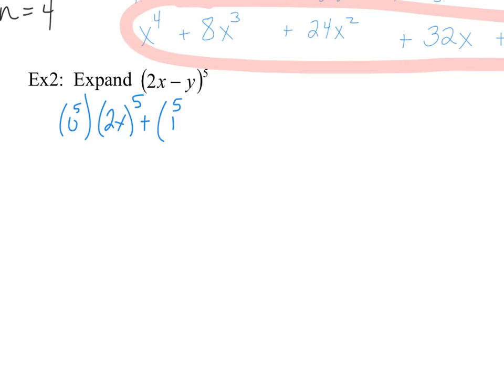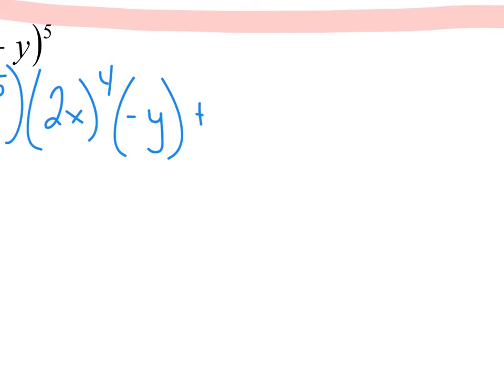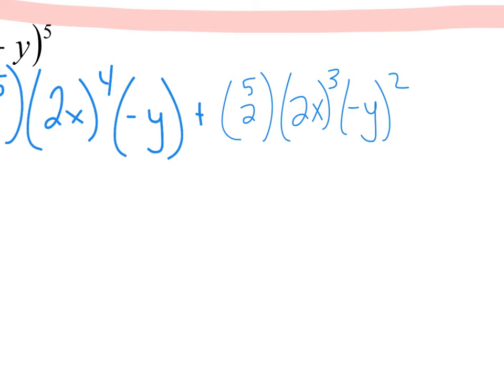I have 5 above 1, 2x to the 4th, negative y, plus, I'm going to zoom in so I don't run out of space quite so quickly. We should have 5 above 2 times 2x all to the 3rd times negative y squared.